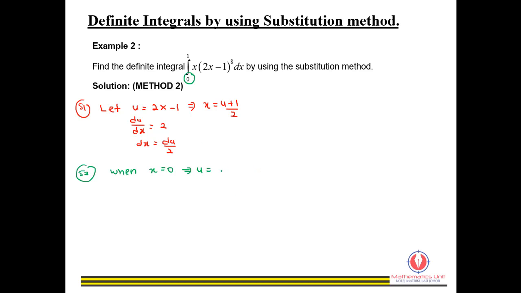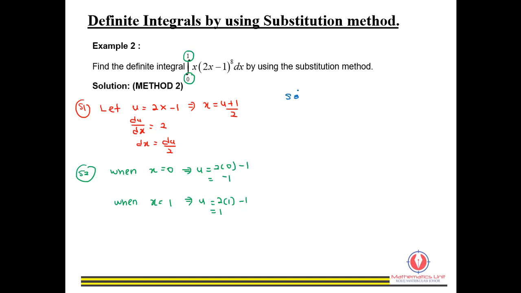So we substitute 2 times 0 minus 1, and we'll get the answer negative 1. We try again for the upper limit. When x is equal to 1, we'll get u is equal to 2 times 1 minus 1, and u is equal to 1.